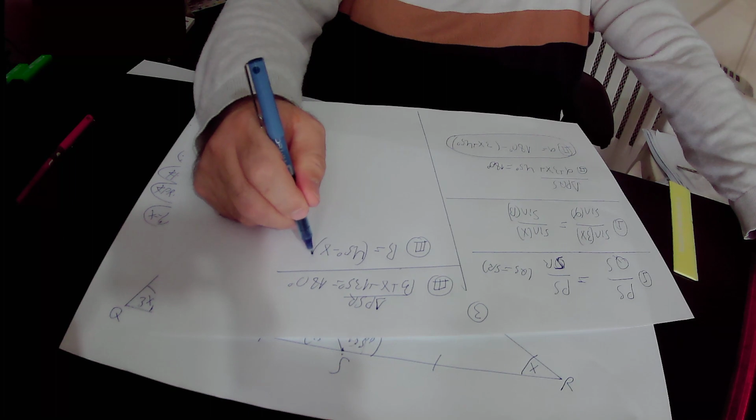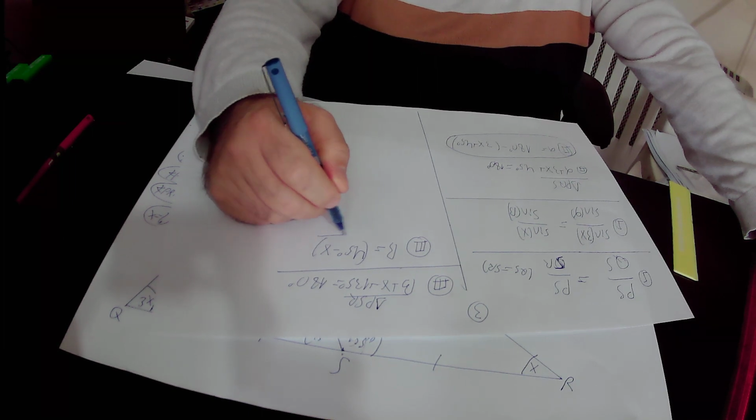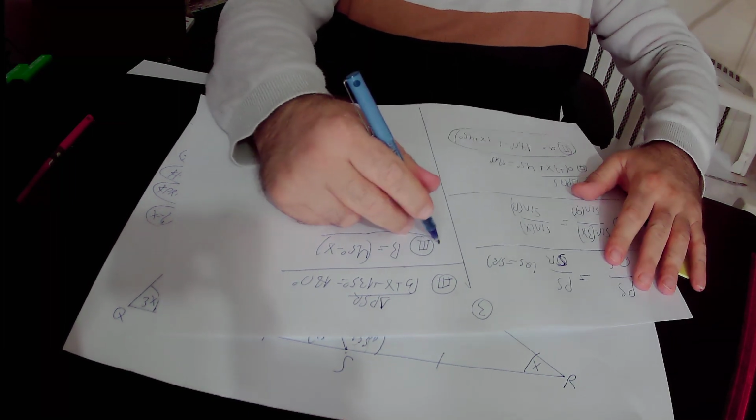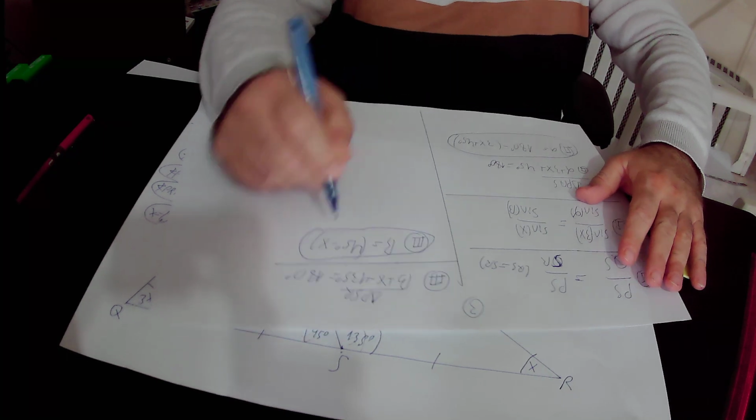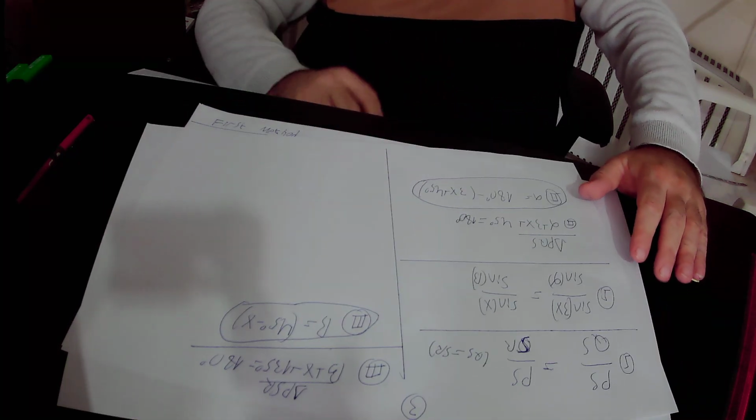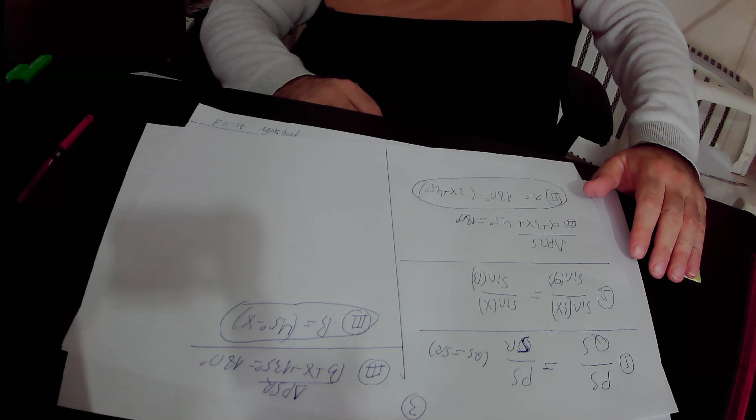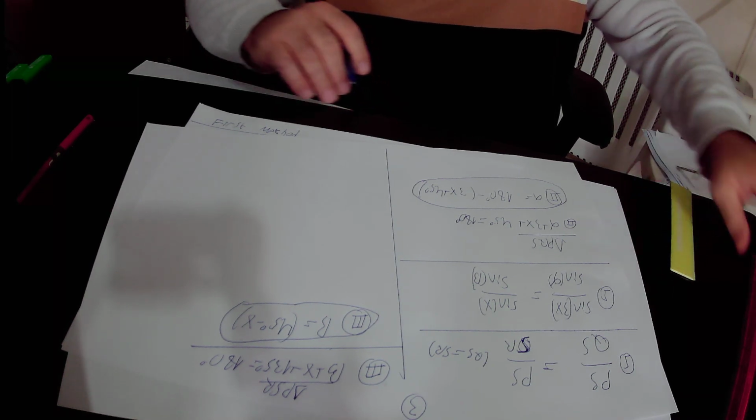So we found out that beta equals 45 degrees minus x according to equation number 3, and according to equation number 2, angle alpha equals 180 degrees minus (3x plus 45 degrees).